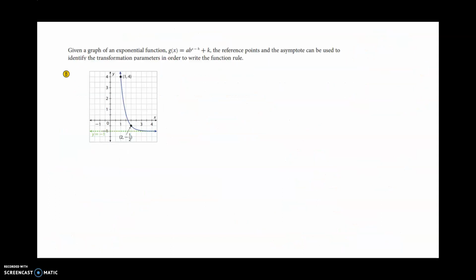Let's try another one. We're going to do the same thing. We have 2 reference points. Excuse me, please. We know we can find k from the asymptote. K equals negative 1. We have a negative 1 asymptote here, don't we? Our first reference point is 2, negative 1/2.